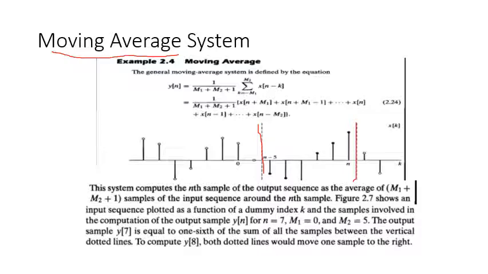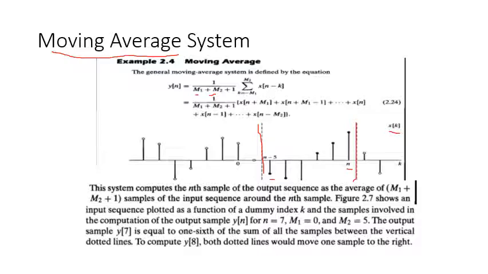So it means that we need to add these samples and divide by 6. So we have defined M1 and M2. M1 is basically the starting and M2 is the ending. The summation goes from minus M1, the smallest value, up to M2, of x of n minus k. This signal is x of k, and x of n minus k means there are shifts in it.